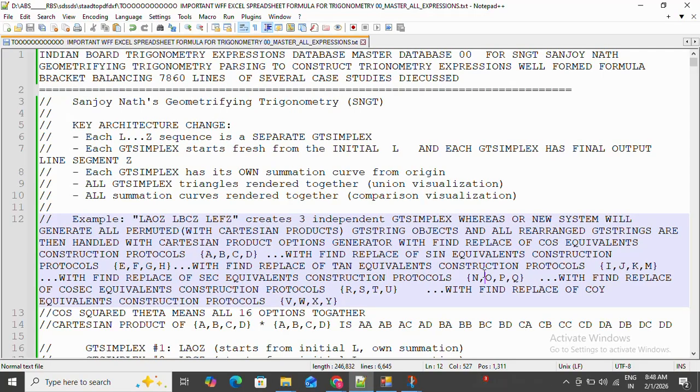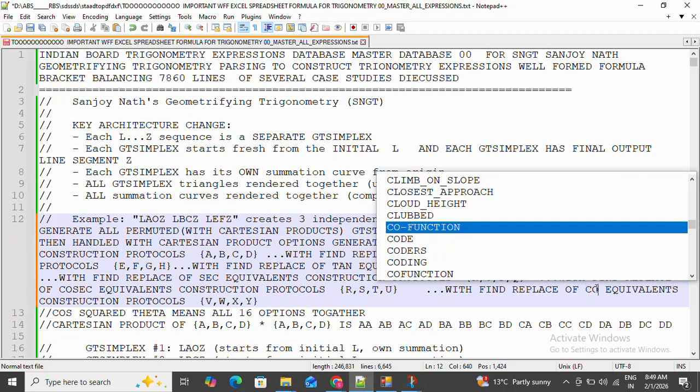In this way, with the find and replace of the sec equivalent construction protocols NOPQ, and the find and replace of the cosec equivalent construction protocols RSTU, and the find and replace of the construction equivalents of the cot. Here it is, the cot.